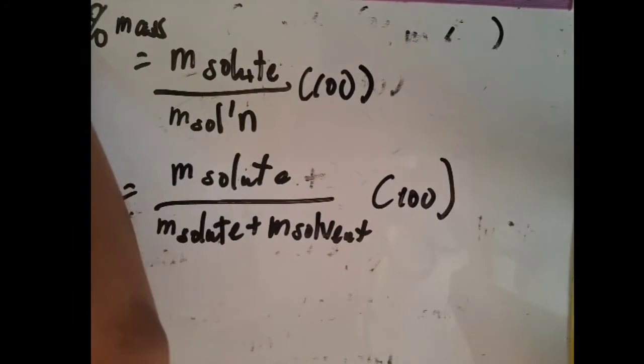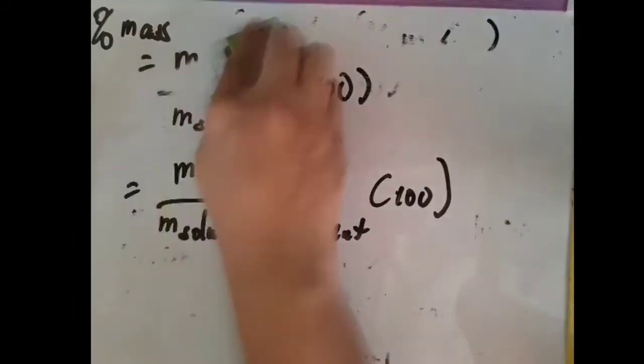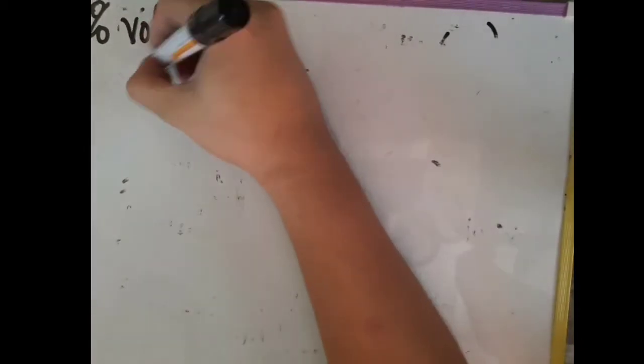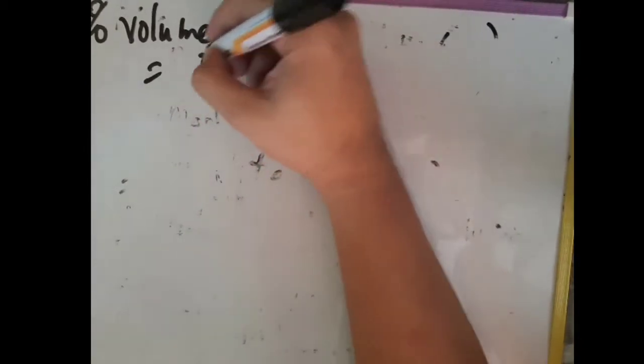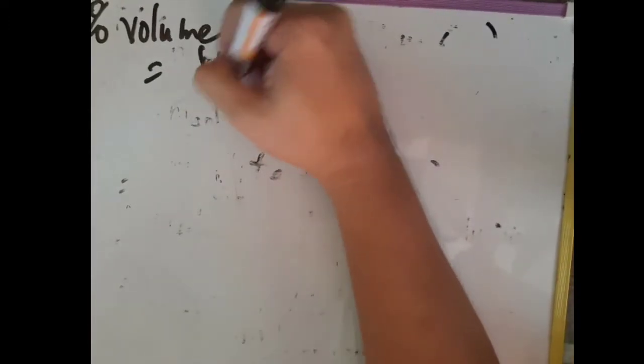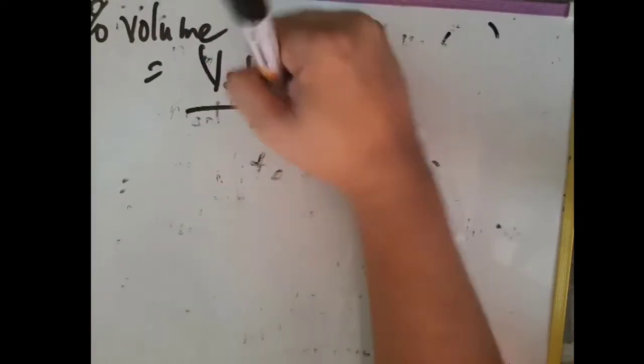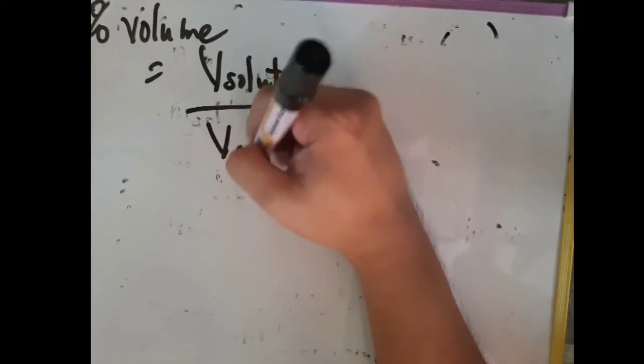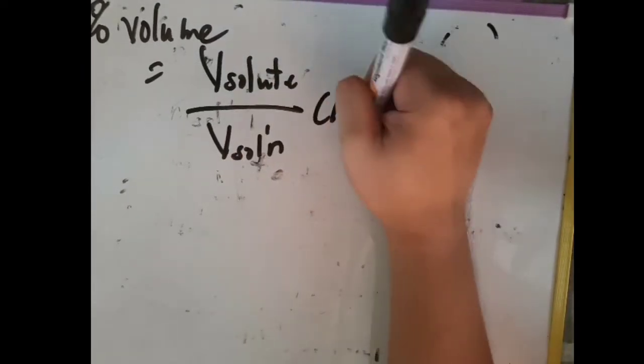Now, let us proceed to percent volume. Percent volume, just like percent mass, is equal to the volume of the solute divided by the volume of the solution multiplied by 100.